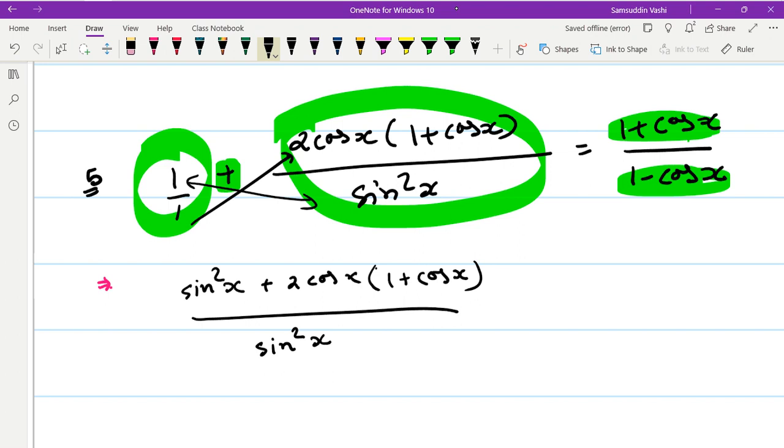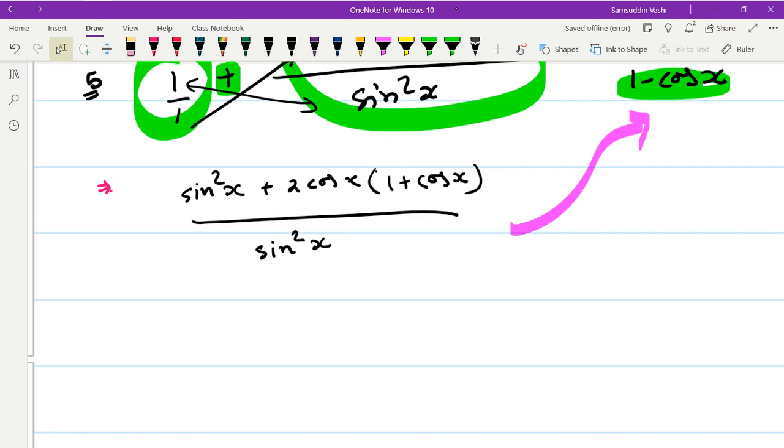Right, okay. So check my requirement. I don't need sine on this side. Okay, all sine I'm going to change into cos. Right. Let me just do something, open the bracket. It might make my life easier.